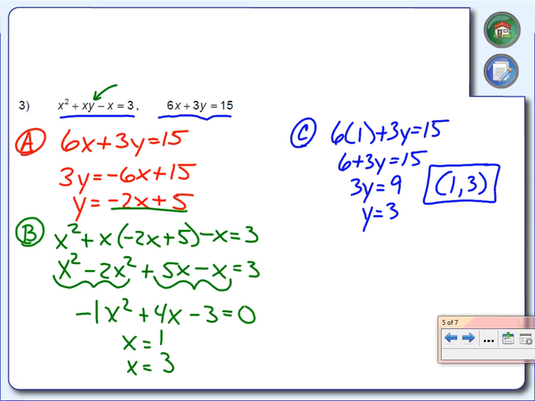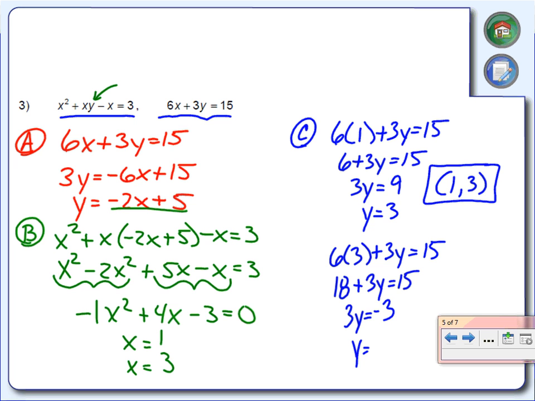Now what I'm going to do is replace the x with a 3 this time. I'm still using the same equation. Taking out the x, replacing it with a 3. Let's see what we get this time. 6 times 3, that's what? 18. I'm going to subtract 18 from 15. So 15 minus 18, that's going to be a negative 3.